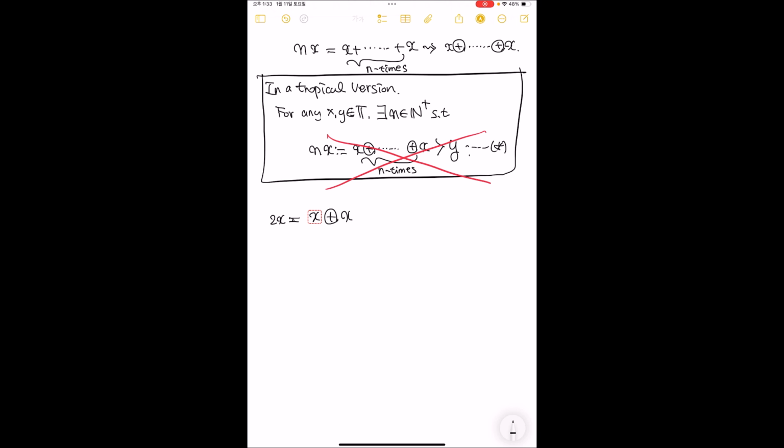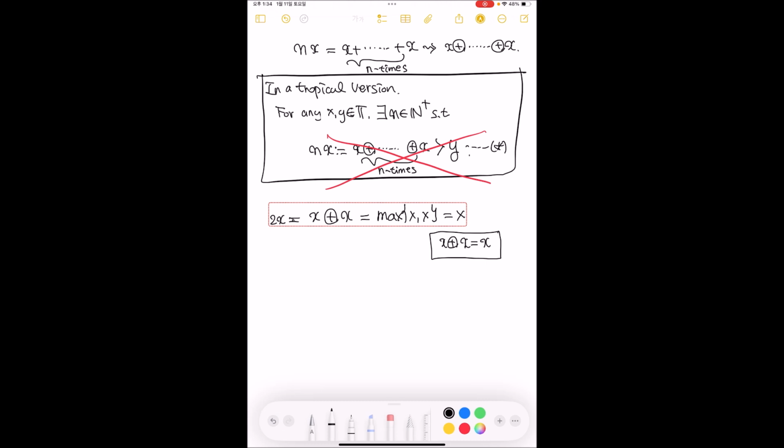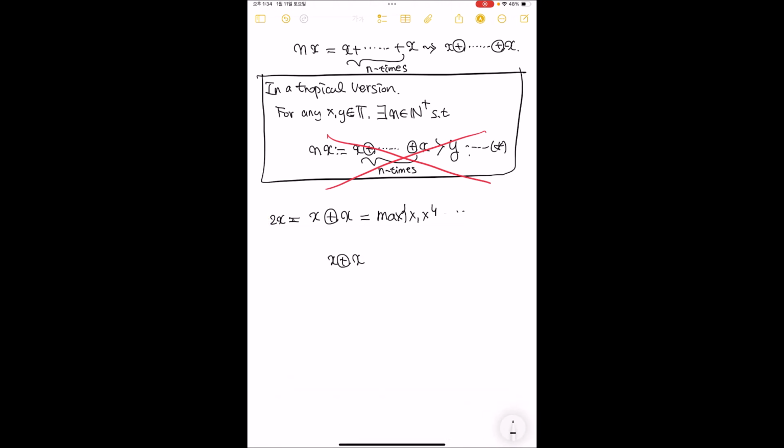As I said, that means take the max between x and x. That is just x. So we can obtain the following result. That is important. We call it idempotent.